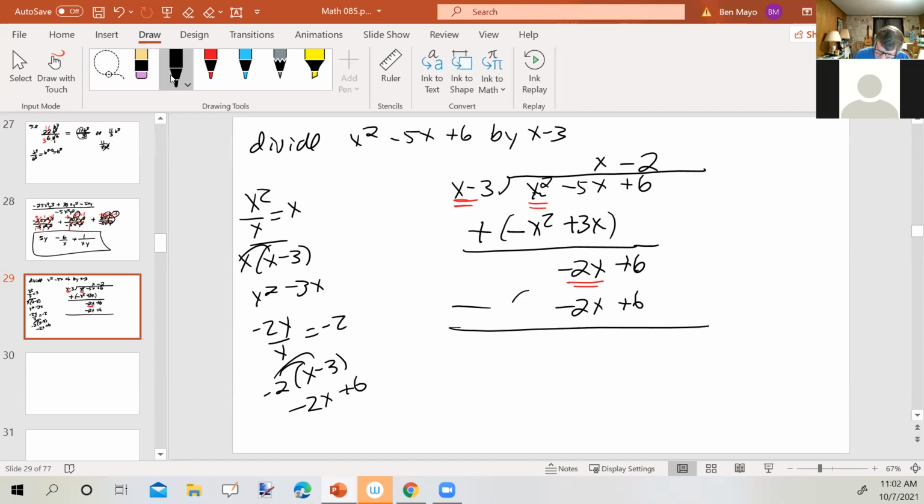We draw a line and subtract it from what's up above. Change subtraction to addition of the opposite. Negative 2x plus 2x is 0. 6 plus negative 6 is 0. No remainder. So our answer is x minus 2. Any questions on that example? Okay.